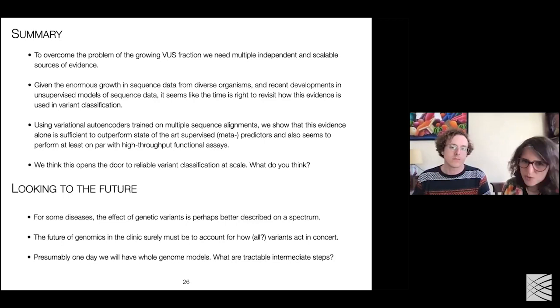Binary statements of benign, likely benign, or pathogenic and likely pathogenic are the current gold standard, which is very limited. It would be great to move away from that in the future, and something that we're thinking about very actively.